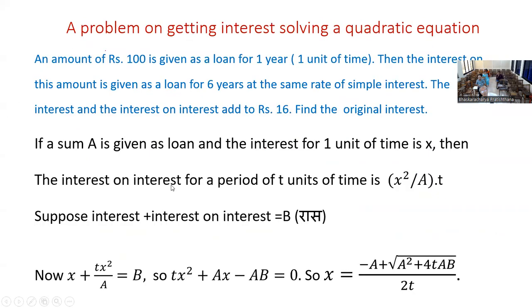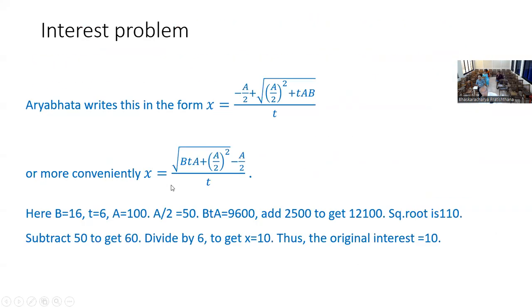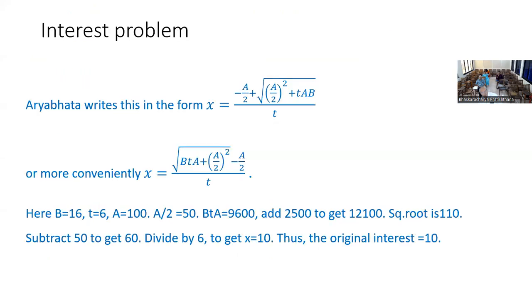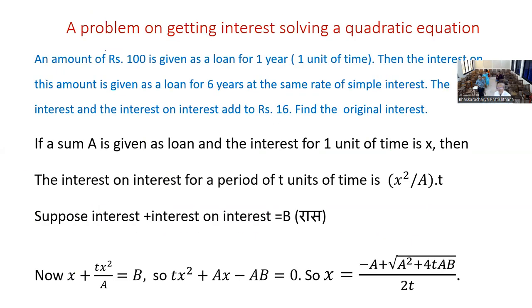Okay. Now the next verse is verse 25, which I will explain first and then we can look at the original. Actually, Aryabhata doesn't directly give our usual formulae for how you get the interest if you are given the principal, the number of months or years, and the rate.